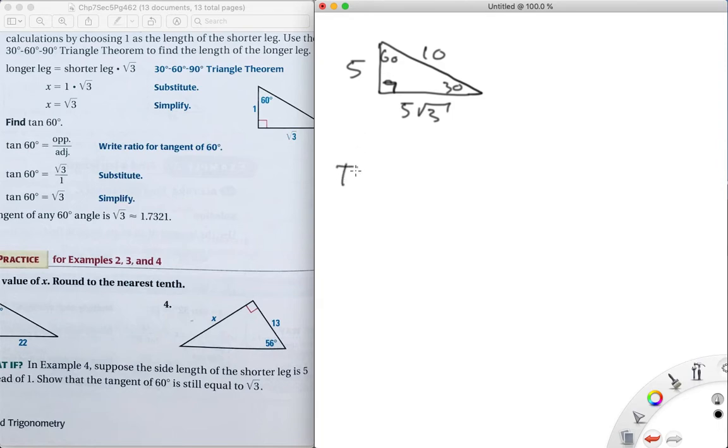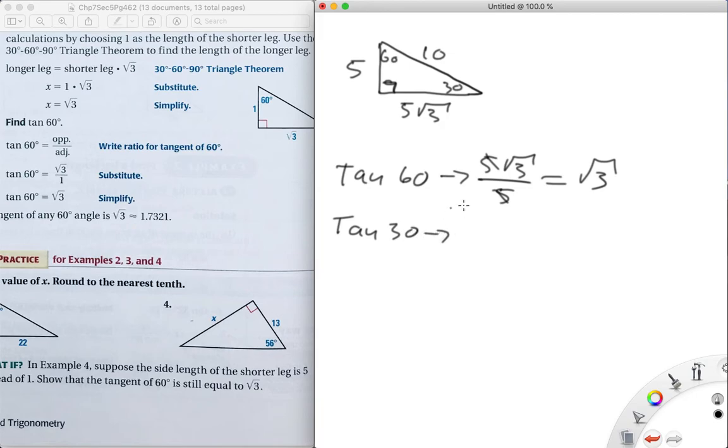So if I did tangent of 60, again, opposite over adjacent, so it'll be 5 root 3 over 5. That cancels, so I'm going to get square root of 3. Tangent of 60 is always square root of 3. If I was to do tangent of 30, it's going to be 5 over 5 root 3.